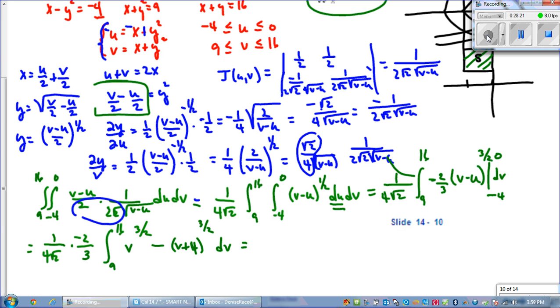Okay, so cleaning this up out in front, we'd have -1 over 6 times the square root of 2. And now integrating with respect to v, we would have 2/5 times v to the 5/2 minus 2/5 times (v plus 4) to the 5/2. And we're going from 9 to 16 here.